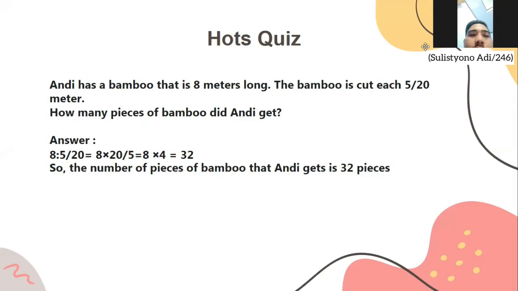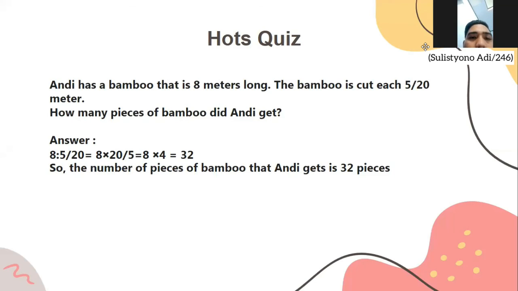Hot quiz. Andy has a bamboo that is 8 meters long. The bamboo is cut each 5/20 meter. How many pieces of bamboo did Andy get?